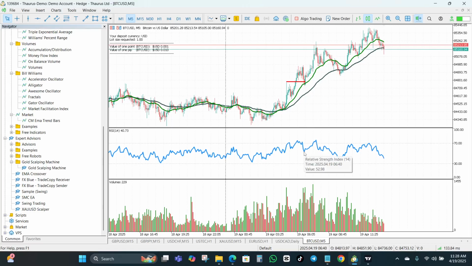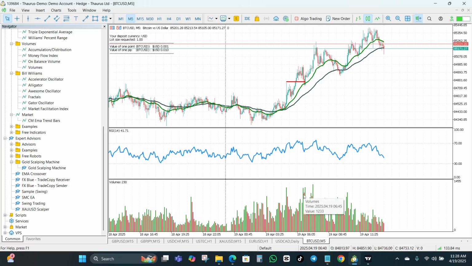It has to be above the 50 level for buys, but if it's a sell opportunity, the RSI should be below the 50 level. Okay, you also want a spike in volume. For example, you can see how there was a spike in volume around this point where this break of structure happened, and then you can see we had a retest of the 20 EMA. So this was a good buying opportunity.